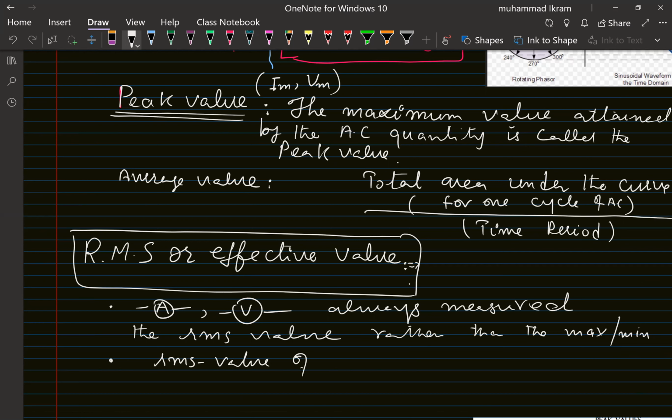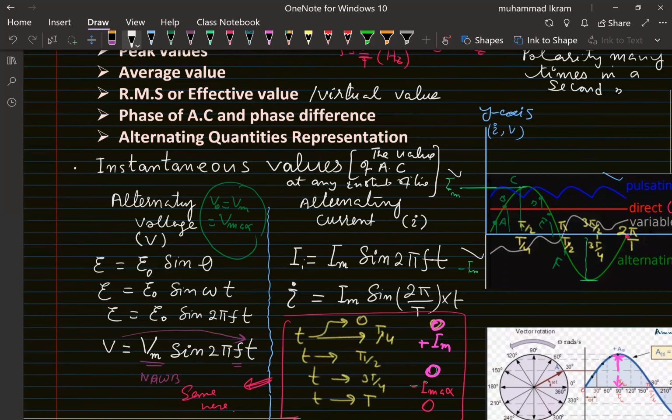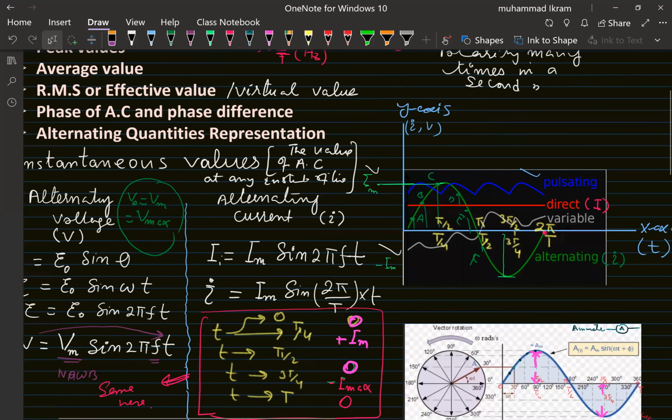are the AC equivalent of the DC, right? Because we have two currents, they are exactly matching. Whatever effect a particular DC current produces, here you see the red line, as I told, this is a direct current DC, which has a constant value.